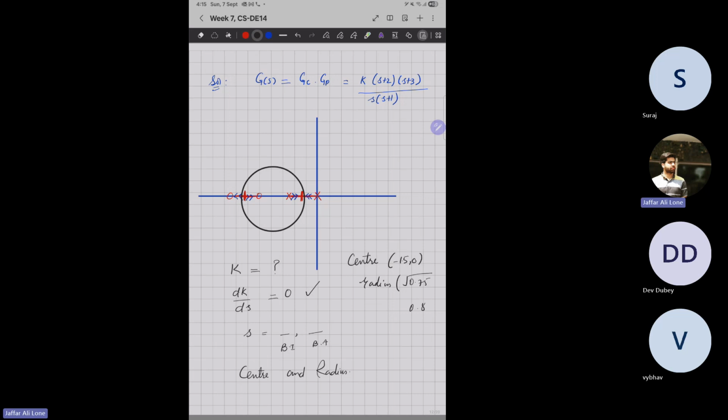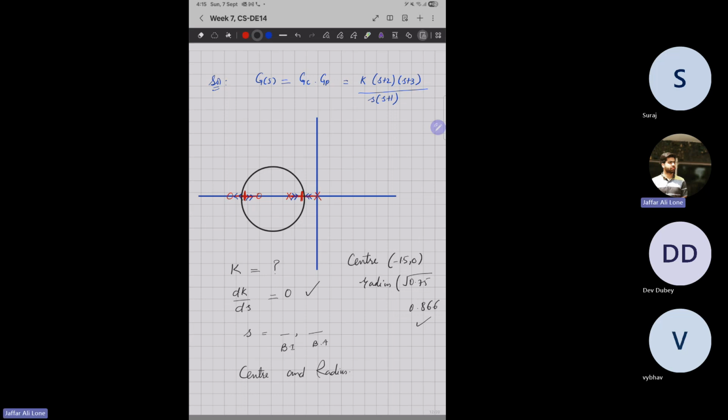I think that will be, yes, 0.866. So this will be your answer.